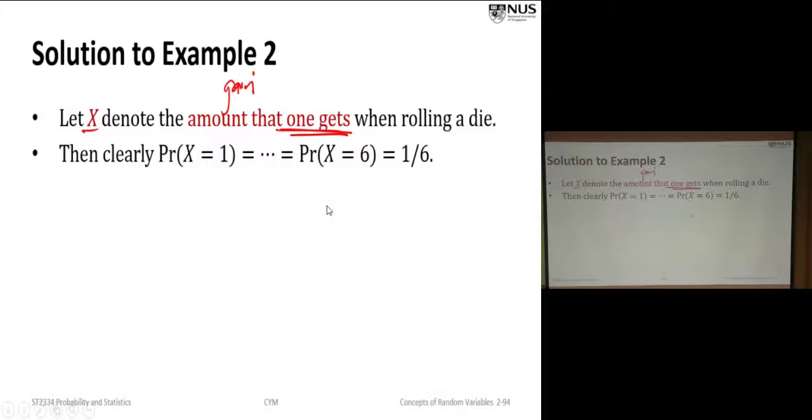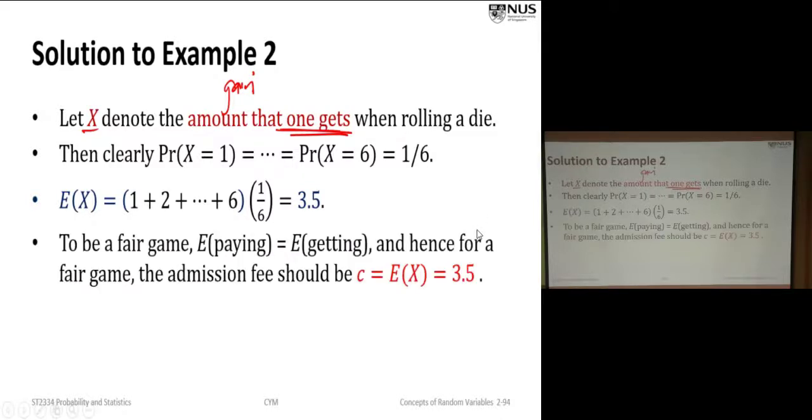And what is the probability of 1, probability of 2, and so on. Because it's a balanced die, it's 1/6, 1/6. So the expectation of X is equal to 3.5. In other words, on average, we expect he gets 3.5. But we have not taken into consideration the money that he pays.